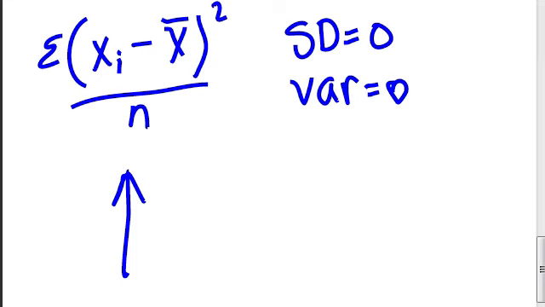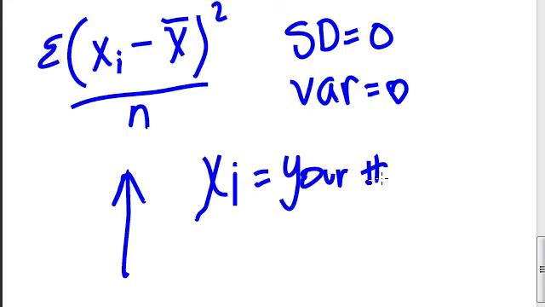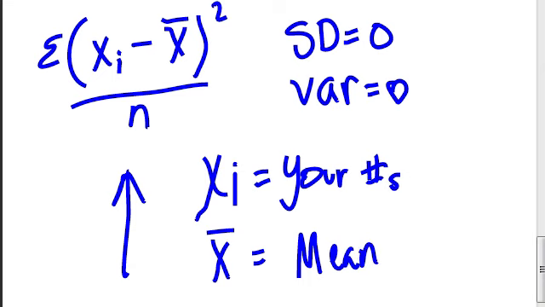So that means when we took each number, the xi, these are your numbers, and the x bar, your mean, when you took those and subtracted and then eventually squared each subtraction, you had to get a total of 0.